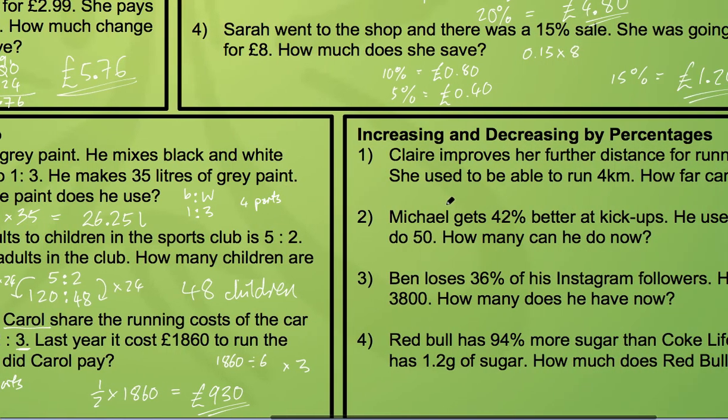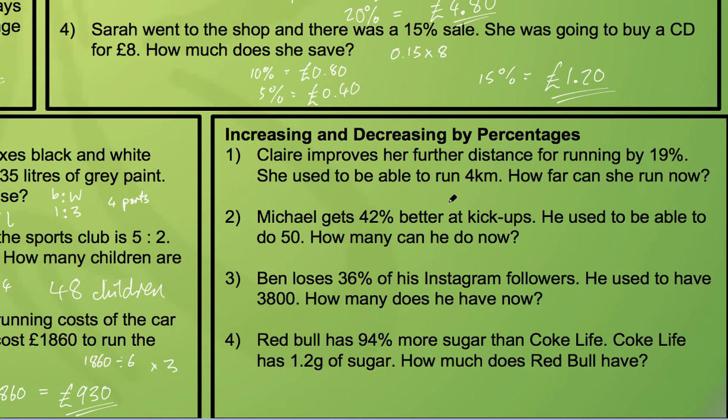And final section, increasing and decreasing by percentages. Claire improves her distance for running by 19%. She used to be able to run 4 kilometers. How far can she run now? We either find 10% and then 9% of 4 kilometers and add that to 4 kilometers.